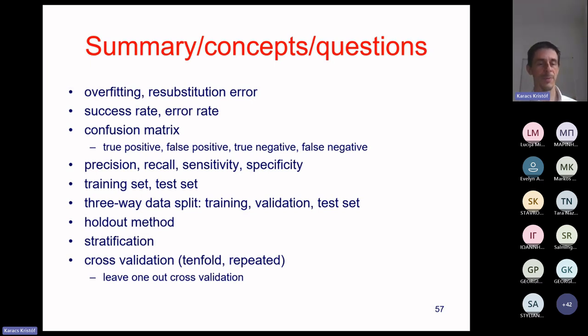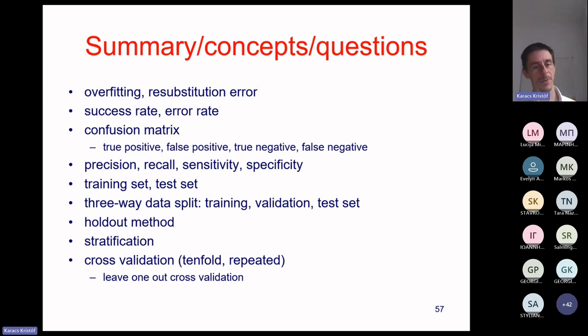Then we briefly reviewed the basic performance measures, including success rate, error rate, and the ones that could be derived from the confusion matrix: precision, recall, sensitivity, and specificity. Then we talked about training set and test set, and even three-way splitting to include a validation set.